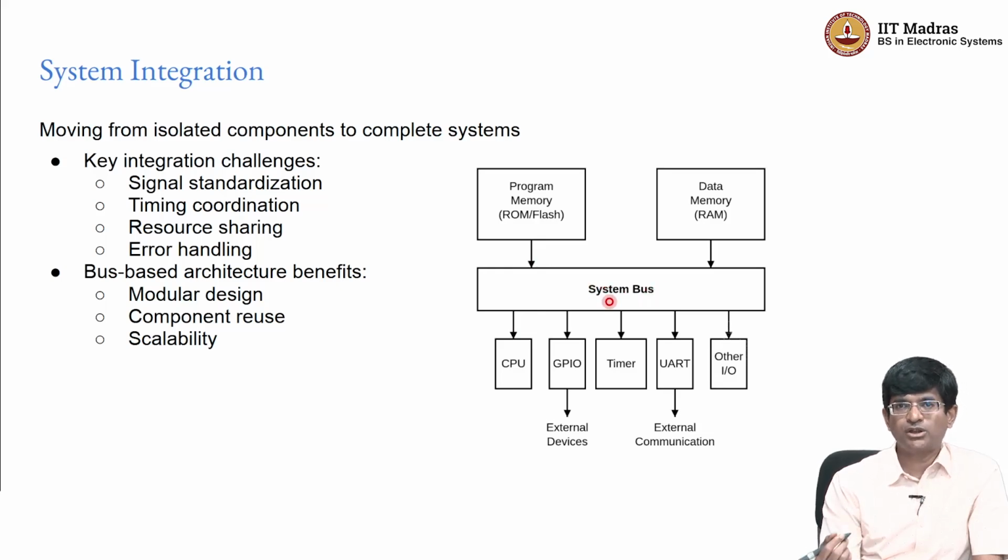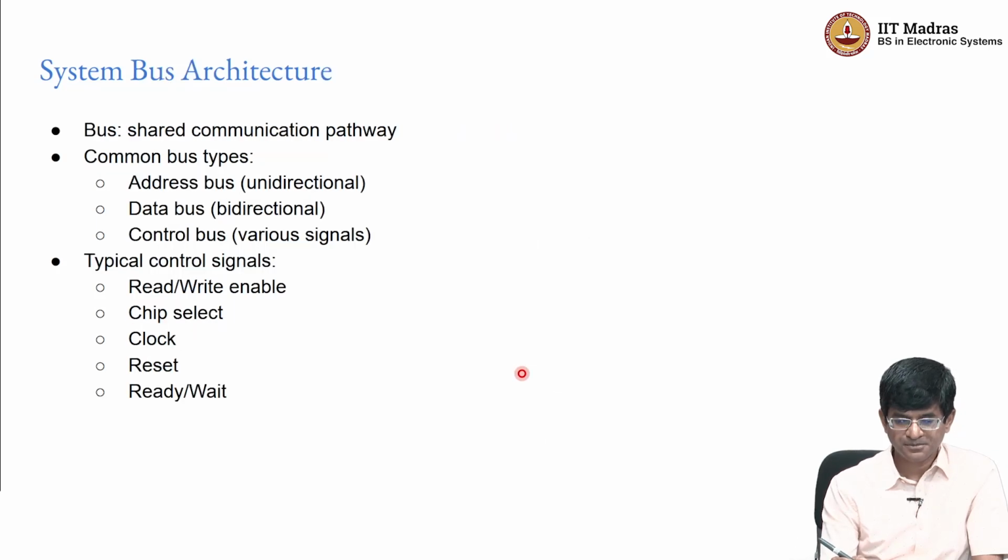So, this notion of a bus is a very powerful abstraction that allows us to build systems by saying I have a common system bus, and as long as the different peripherals and the CPU know how to talk to that bus, they can then in turn talk to each other, right? So, it is a shared communication pathway.